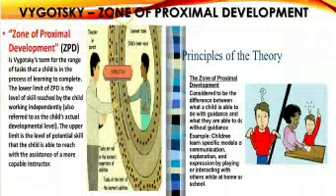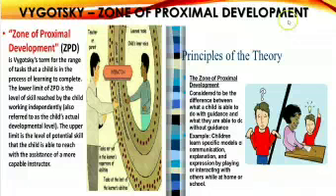When we talk about Vygotsky, he was one of the sociocultural psychologists who developed the zone of proximal development. His sociocultural theory, the zone of proximal development, is his term for a range of tasks that a child is in the process of learning to complete.